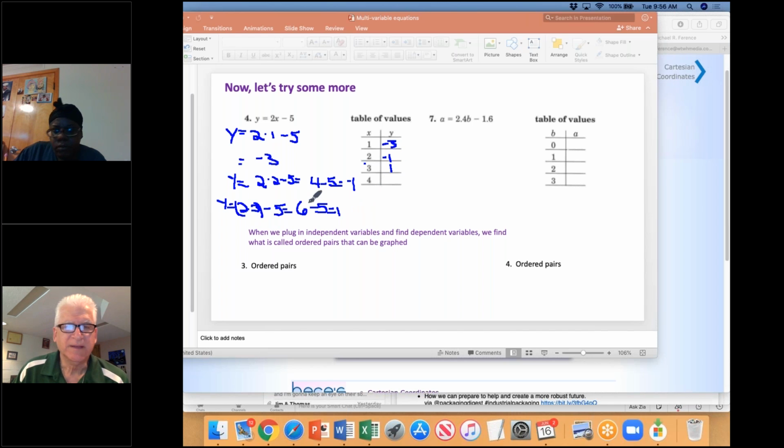And then finally, when I plug in 4, I've got y equals 2 times 4. I'll use the parentheses to keep it neat. Minus 5. 2 times 4 is 8, minus 5 is 3. Got it?